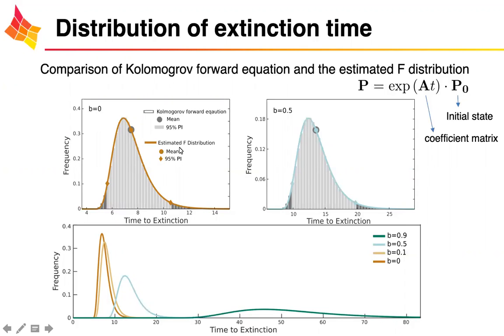And we can also compare the predicted intervals, and they agree quite well. In the lower plot, you can see the F distribution plotted for different values of B. As we increase B, the distribution is shifted to the right as we expect, and it also broadens.